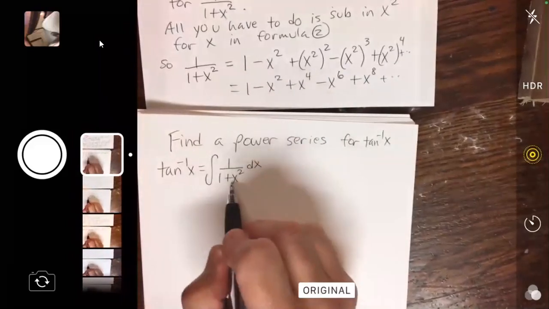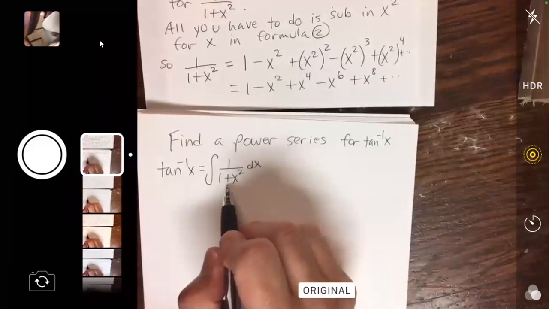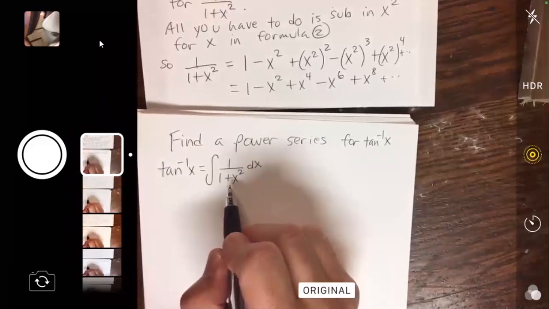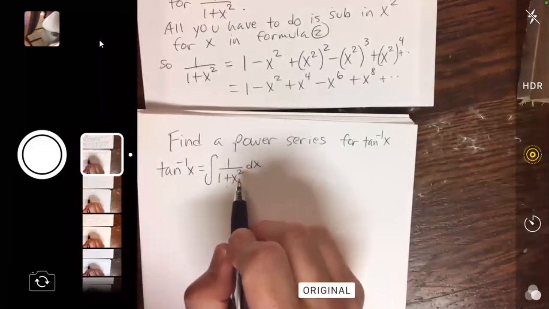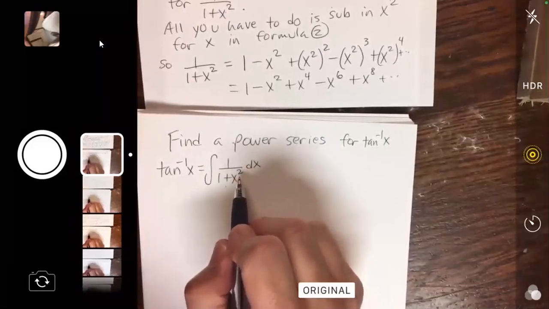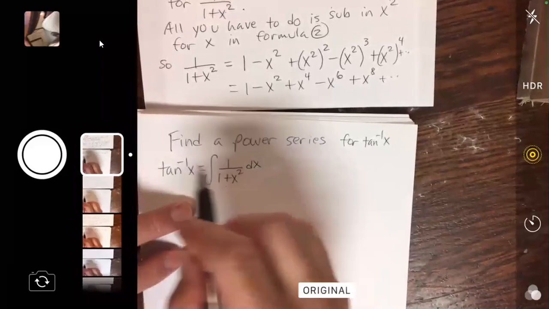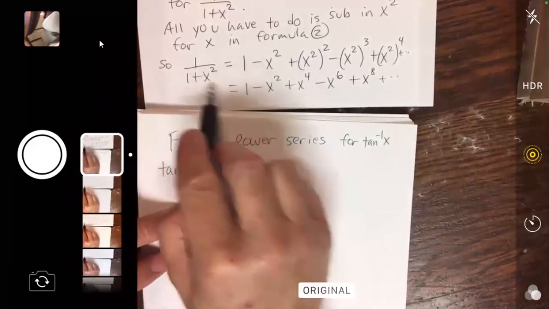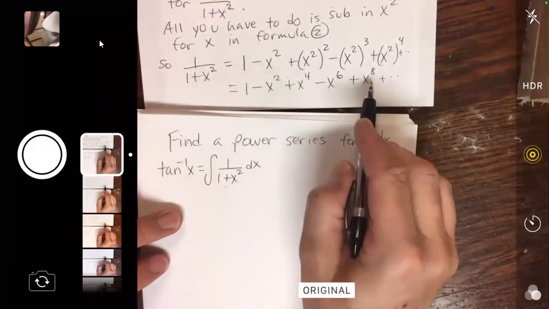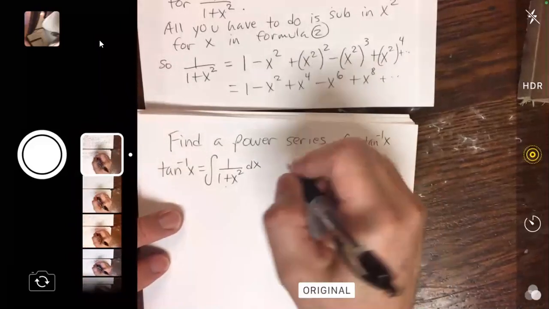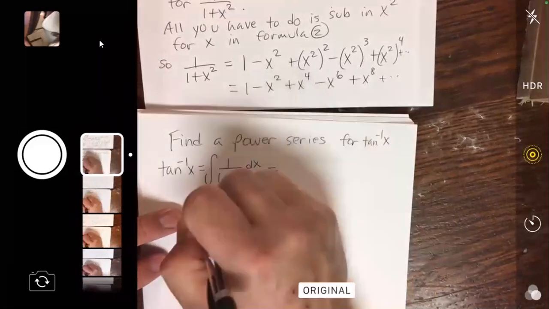This ring a bell? Yes. Okay. Well, I've just shown you that you can replace 1 over 1 plus x squared with that series. So I'm going to sub it in.